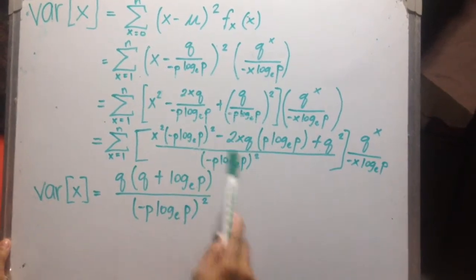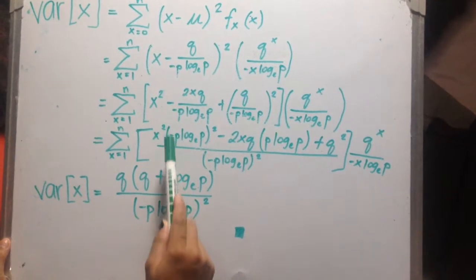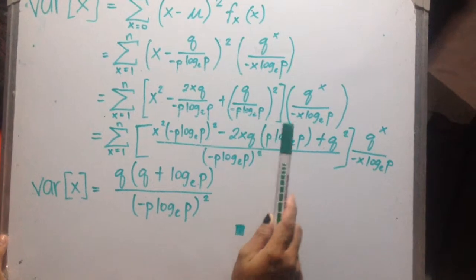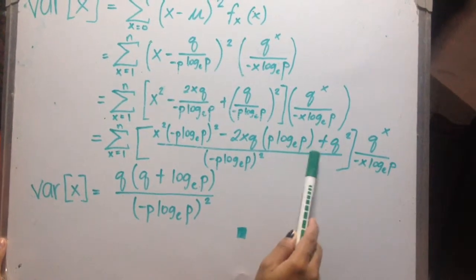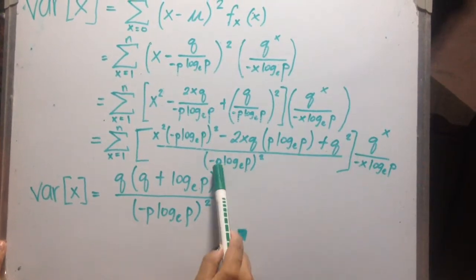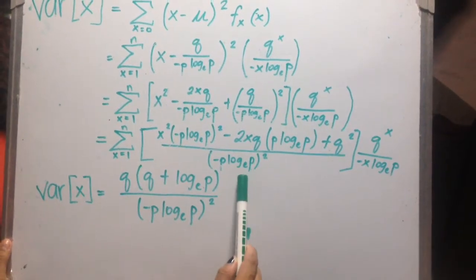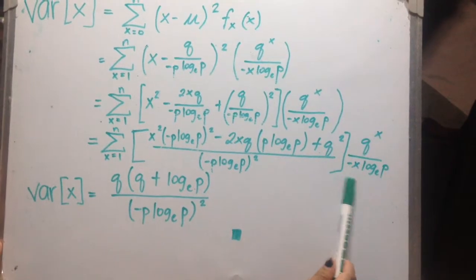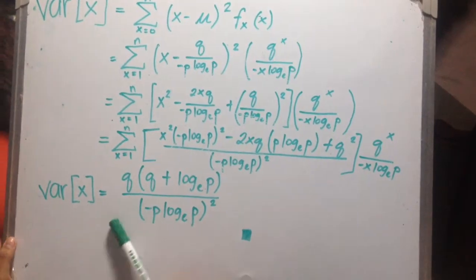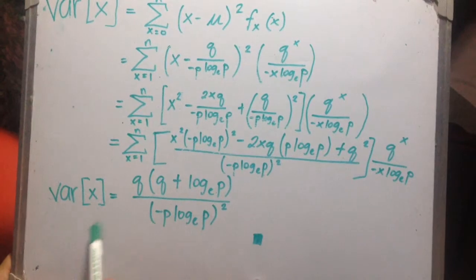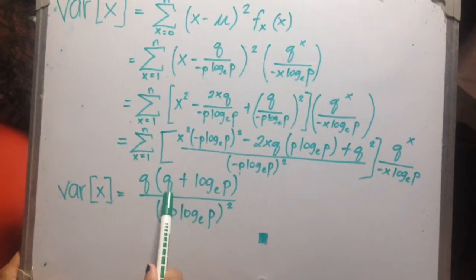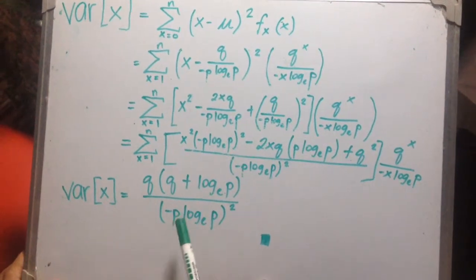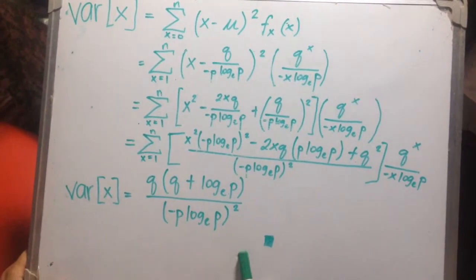So we have x squared times negative p log of p sub e squared minus 2x q times p log of p sub e plus q squared, over negative p log of p sub e quantity squared, times q raised to x over negative x log of p sub e. So we have the variance of x is equal to q times q plus log of p sub e over negative p log of p sub e quantity squared. End of proof.